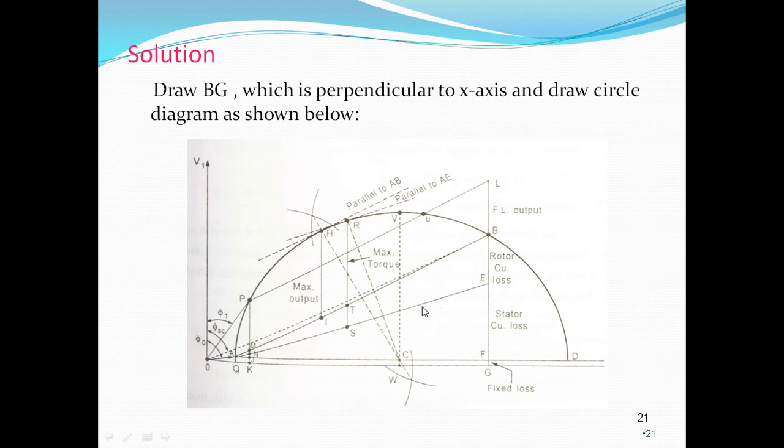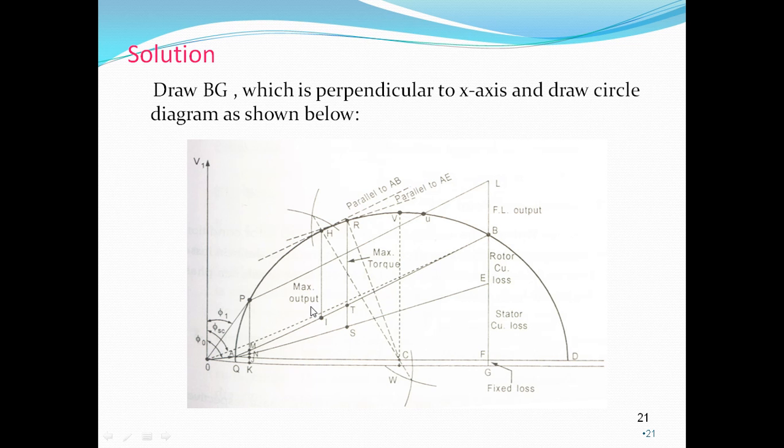We draw a line parallel to this torque line and tangent to the circle, which touches a point R. From R you draw a vertical line which touches the torque line at point S. So RS represents maximum torque and HI represents maximum output.